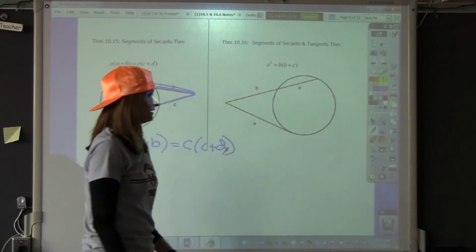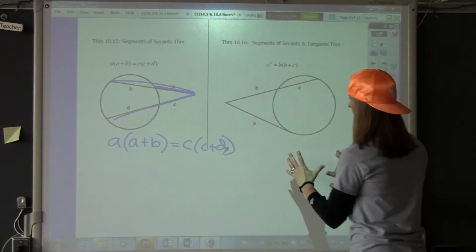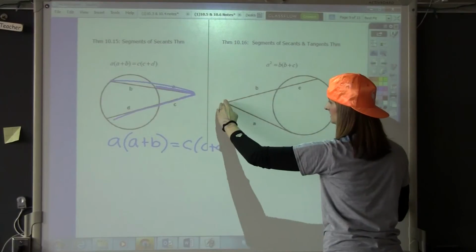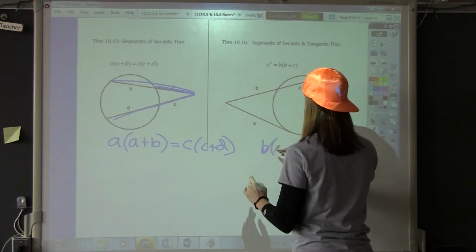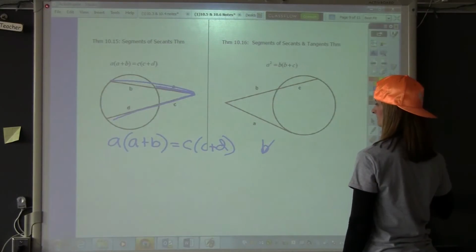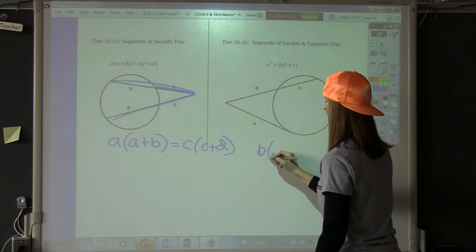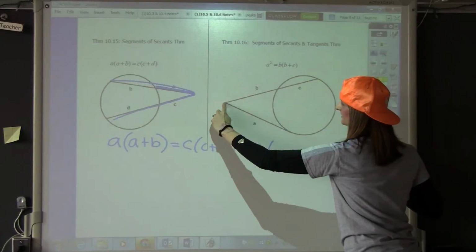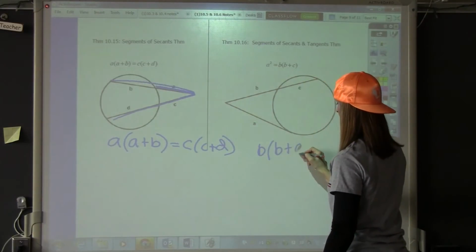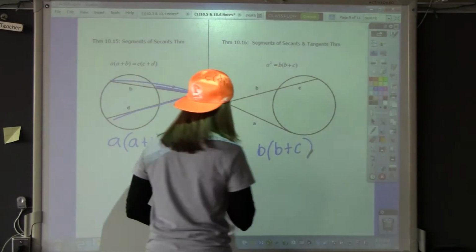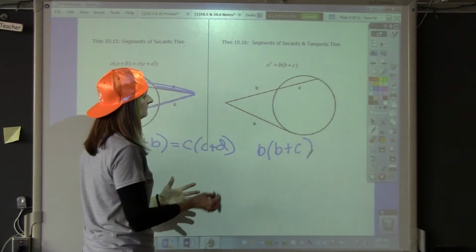Okay? So if you look at this the same way, the external segment is B times the length of the entire segment is B plus C. Now we get to the tangent line.